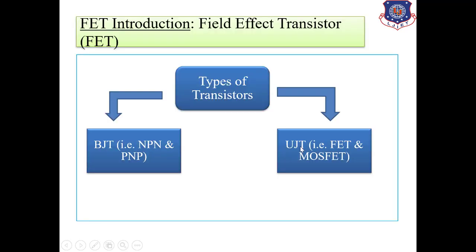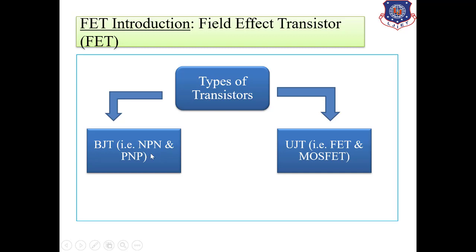So actually dear students, we should understand what is the difference between BJT and UJT according to the working based on conduction. In BJT, conduction takes place based on both polarities. Bipolar junction transistor, that means bipolar, both polarity.